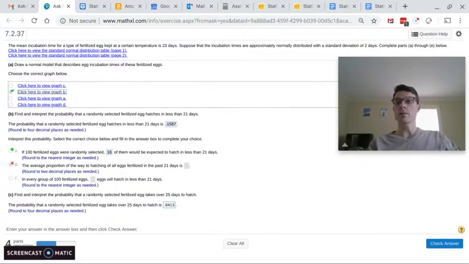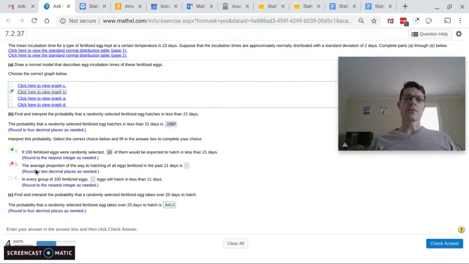If we did that a whole bunch of times, we'd be really close to 16 eggs. If we took one sample of 100 and then another sample of 100, and we averaged all those samples together to see how many eggs would be less than 21 days in incubation, it's going to be about 16. They get closer and closer the more samples we take.